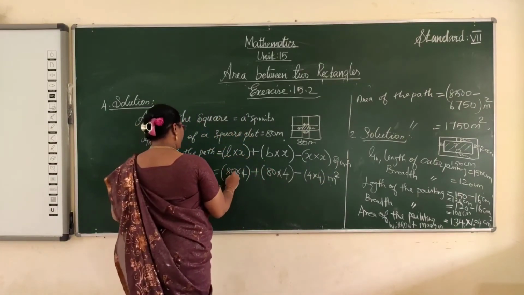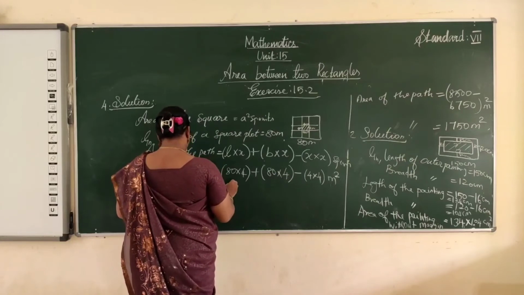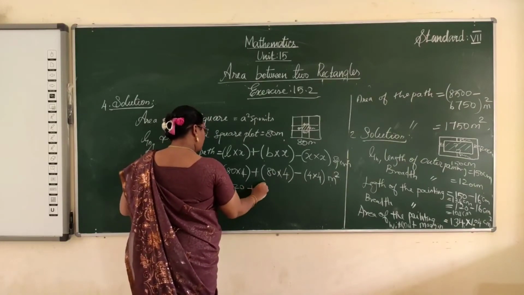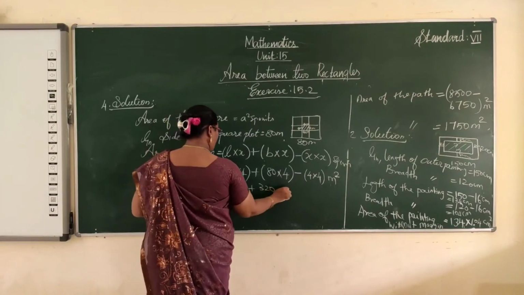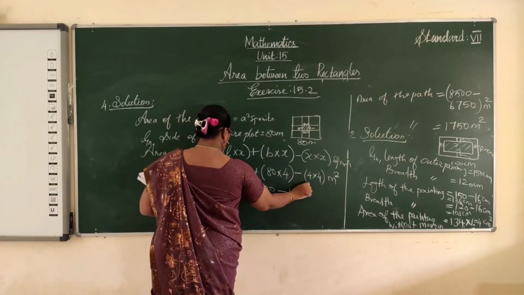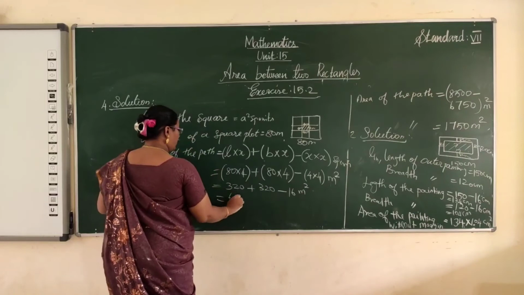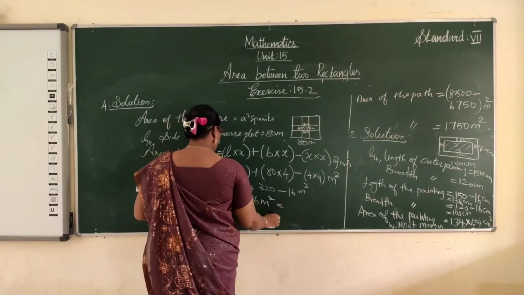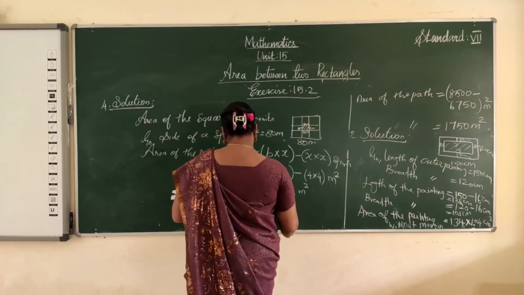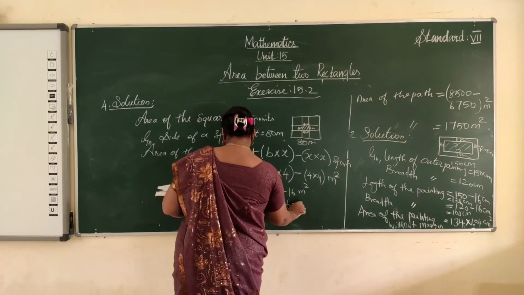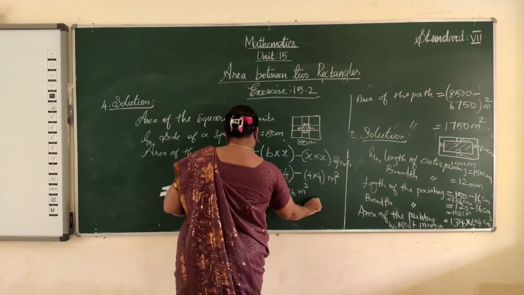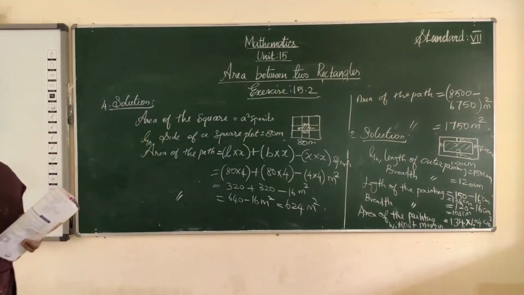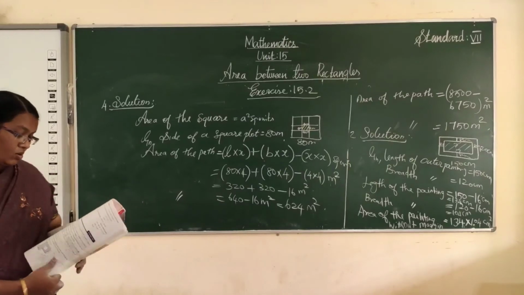Now simplify. 8 4s are 32, add 0, here also 0, minus 16 meter squared. So 640 minus 16 meter squared. Subtract, we get 624 meter square. So area of the path is equal to 624 meter square.